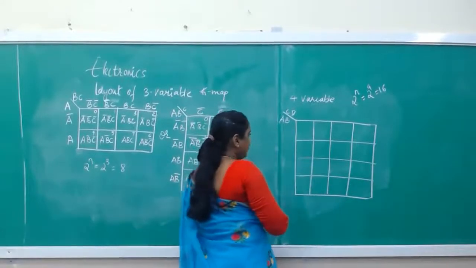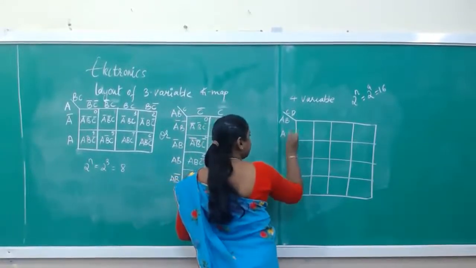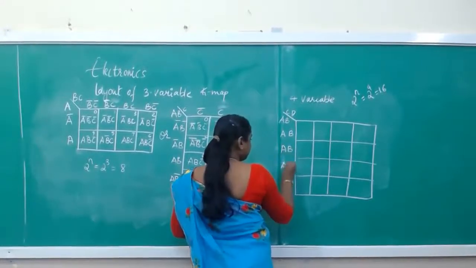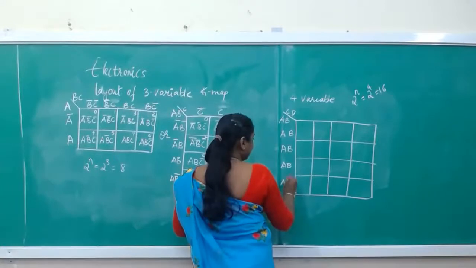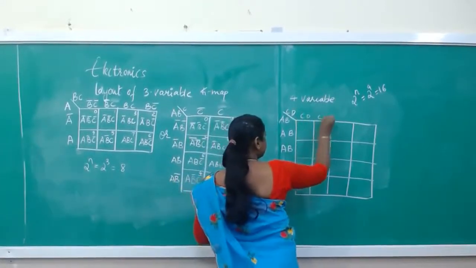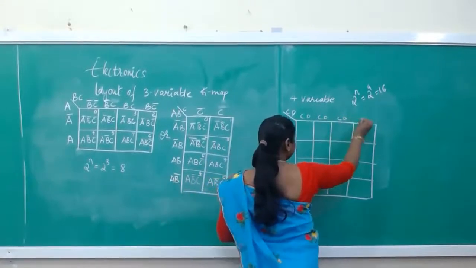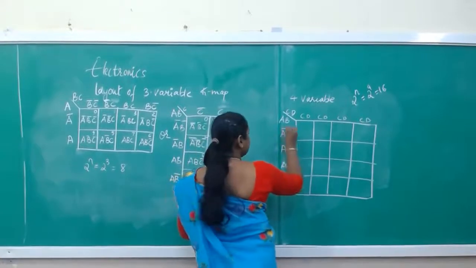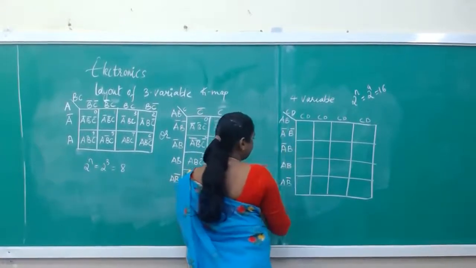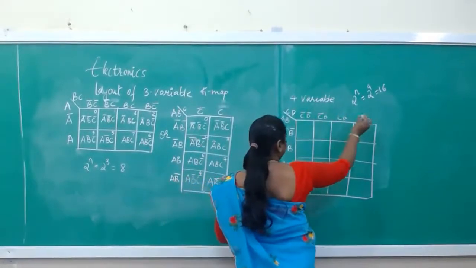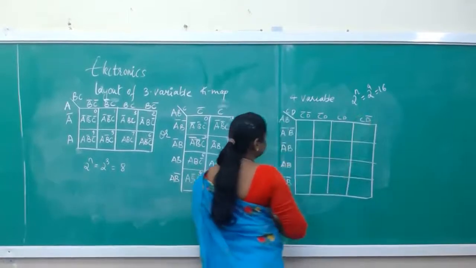This is how the layout is written. A, B across the top, and C, D down the side. The combinations are 0 0, 0 1, 1 1 and 1 0, for both.